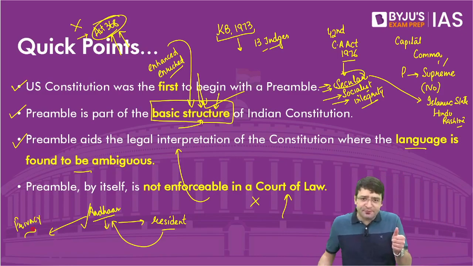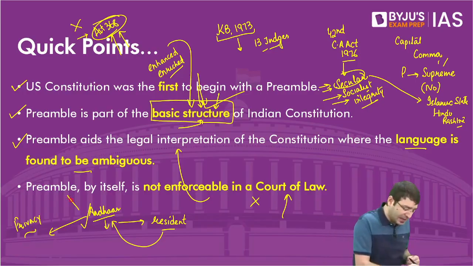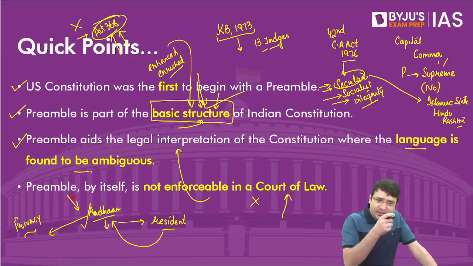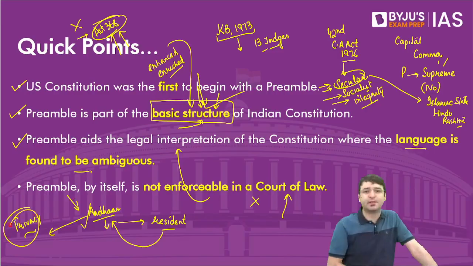If I give my fingerprints, if I give my iris scan, I'm parting away with some of my intimate details, which basically violates my privacy. And as such, the question was, Aadhaar is unconstitutional. Because Aadhaar asks the individuals of India to part away with their biometric details. As such, it is unconstitutional because it violates right to privacy.